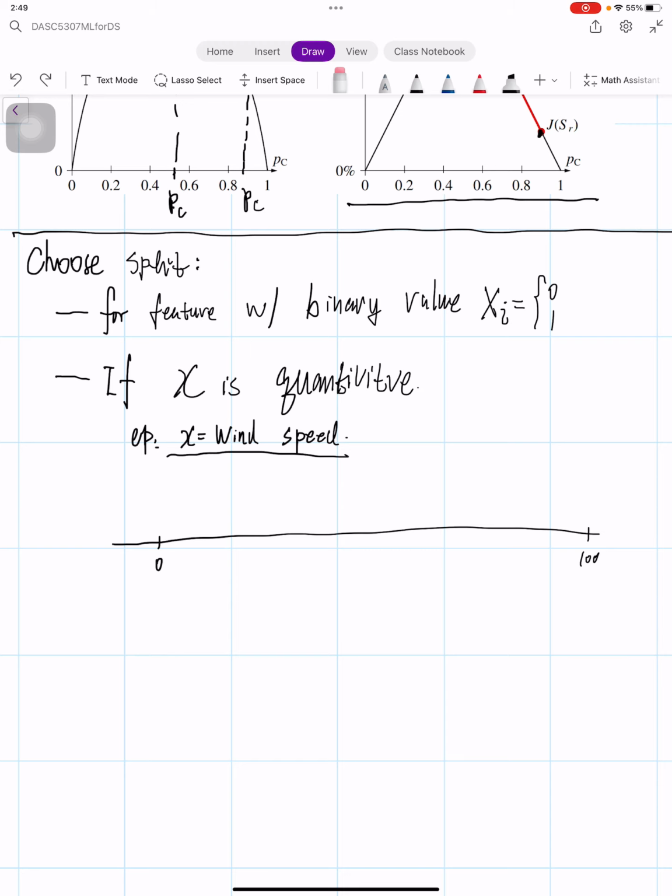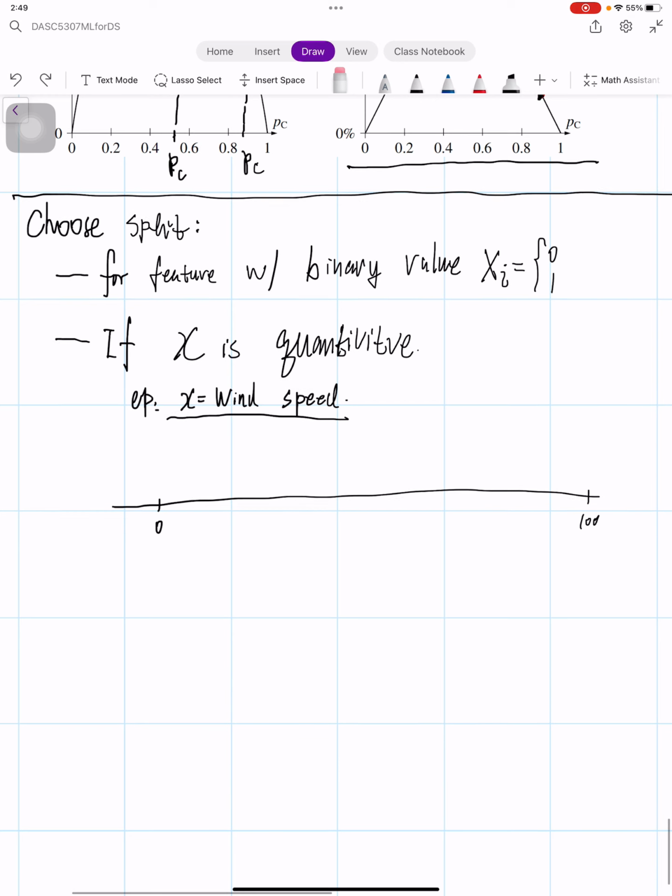So what we do for this case is we sort all the data.